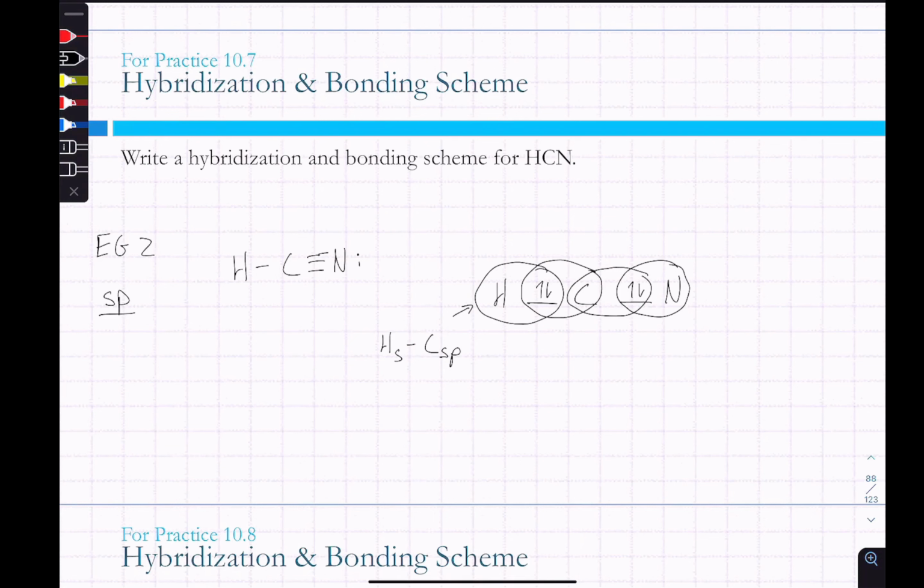Right. So on the other side, the carbon-nitrogen bond. What is the bonding orbital from carbon? sp. And then from nitrogen? Is it a P?